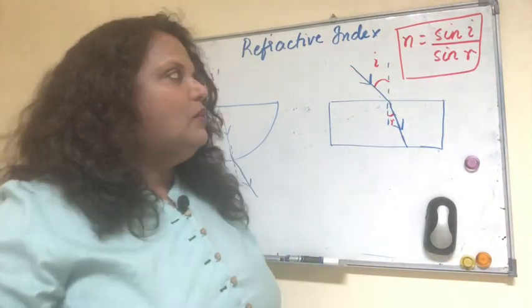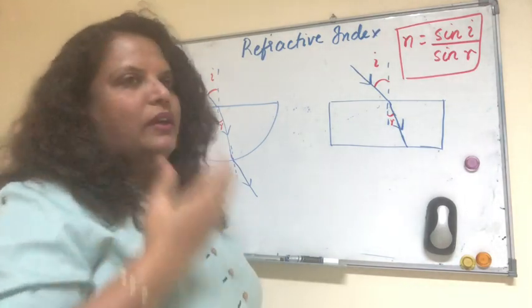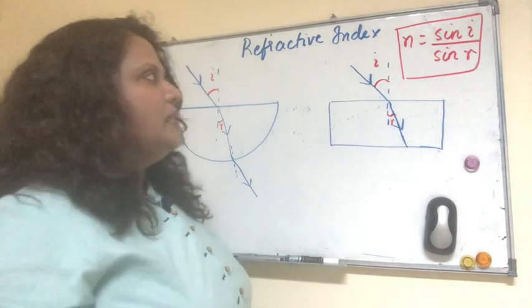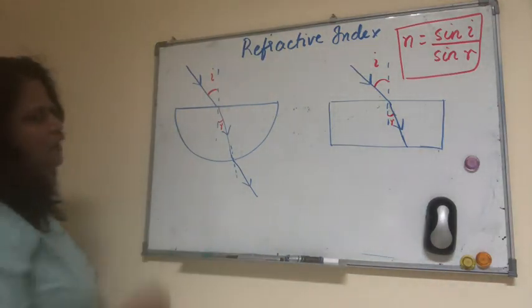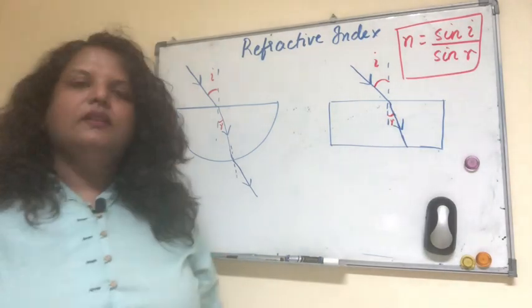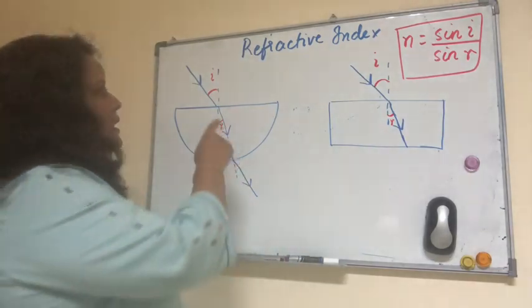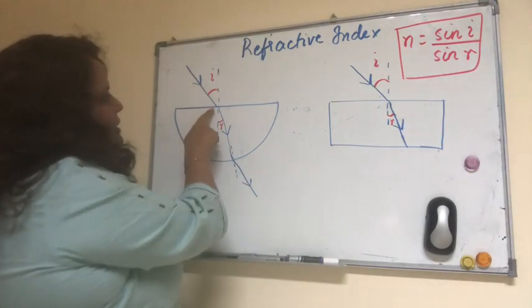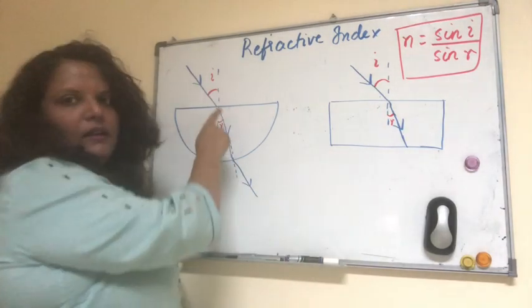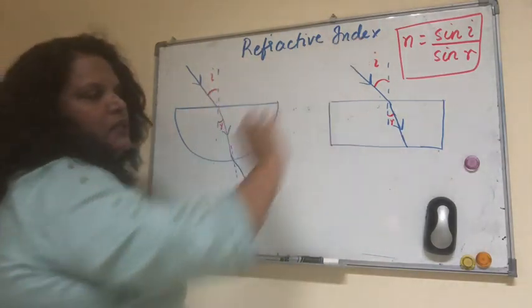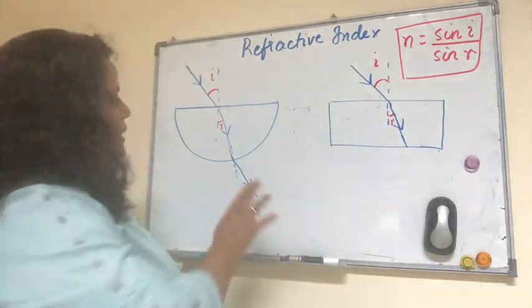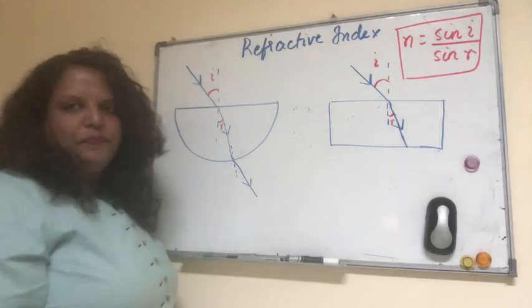There is nothing to go wrong, and you don't have to think much about it. But when it comes to slightly different situations, then the substitution matters. Here also the incident angle is here, r is here, and it's a similar substitution. What about this one here?